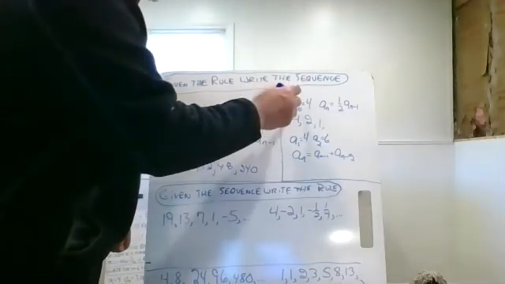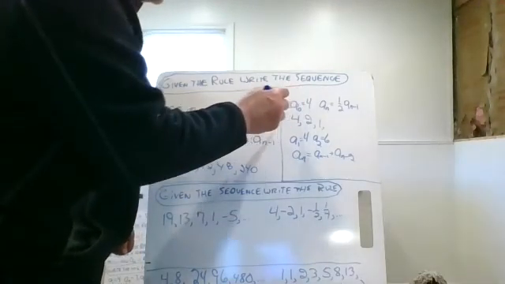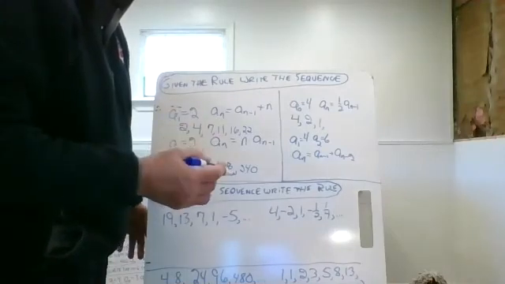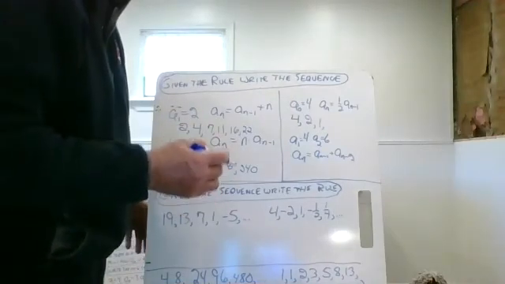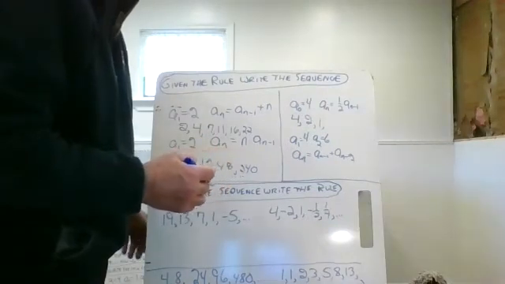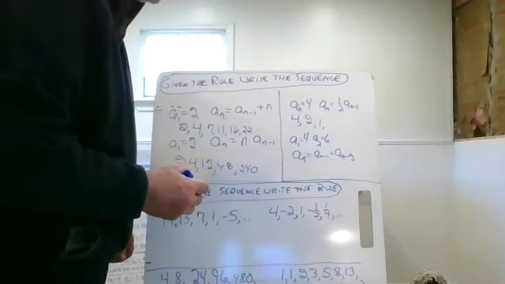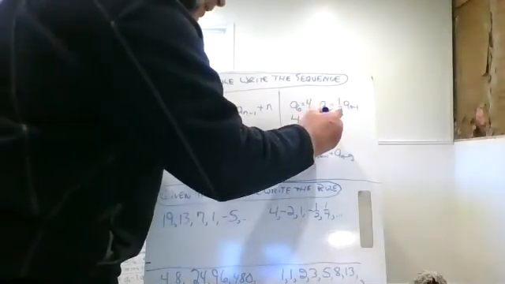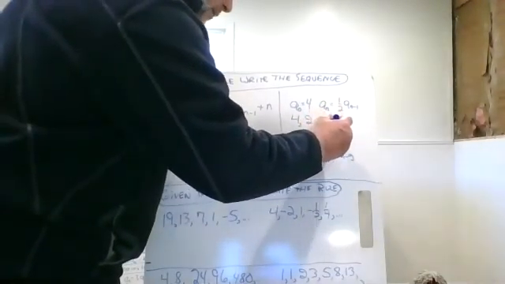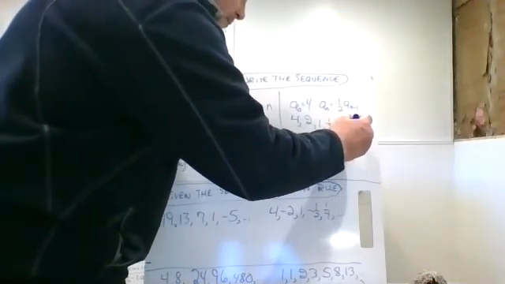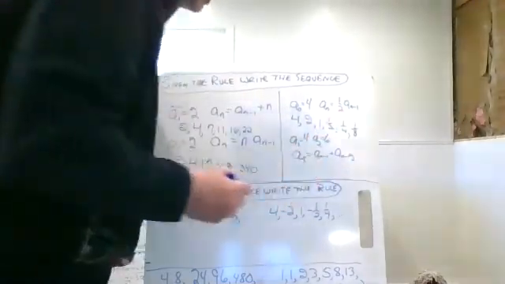It's just starting with a sub 0 instead of a sub 1. I wish they wouldn't do that. It just screws everybody up. But sometimes they start with a sub 0. But you would just keep getting 1/2 of the previous term in this sequence.